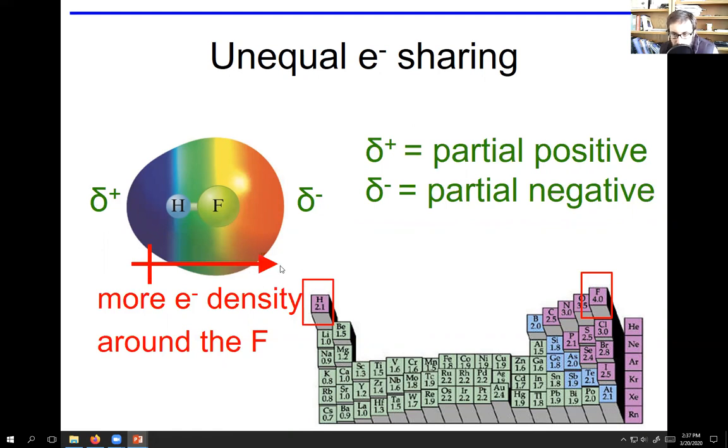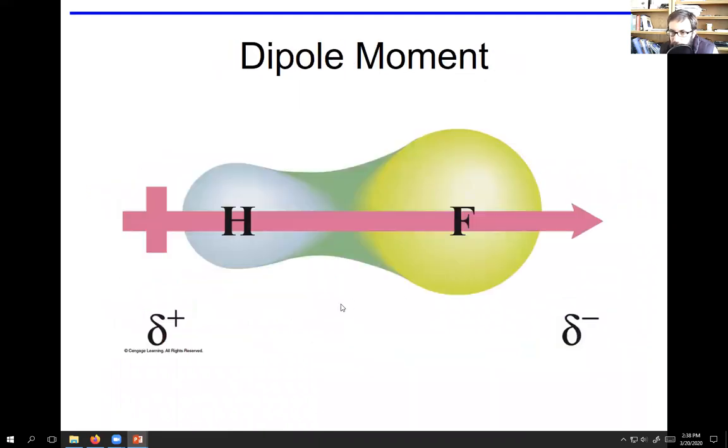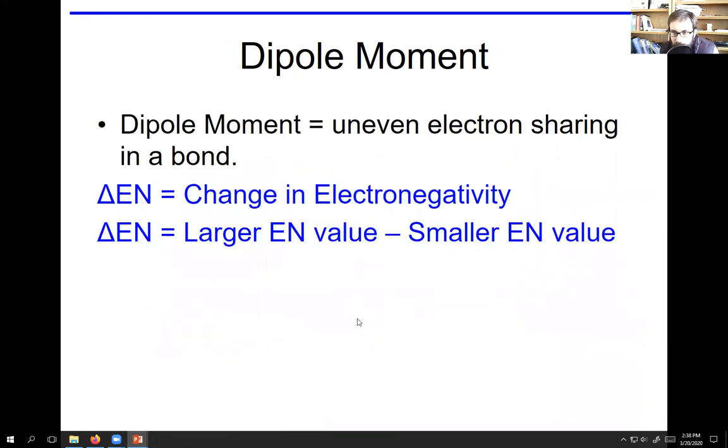In this case, it's pointing towards the fluorine. So it's this arrow with this little cross. That is called a dipole moment. And so this has a molecular dipole with a partial negative charge on the fluorine, a partial positive charge on the hydrogen.